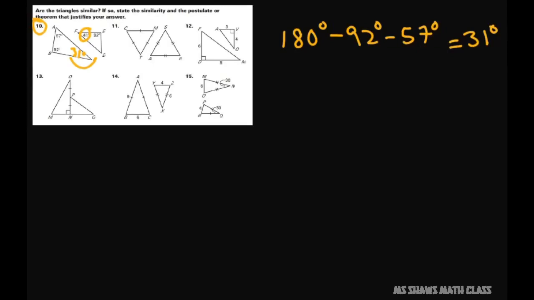So let's look at the next one. We have all sides congruent for the first one, and all sides congruent on the second one. So it doesn't really matter what the measure is, we know all the angles are 60 degrees because the angles across from the sides are also the same if the sides are congruent.